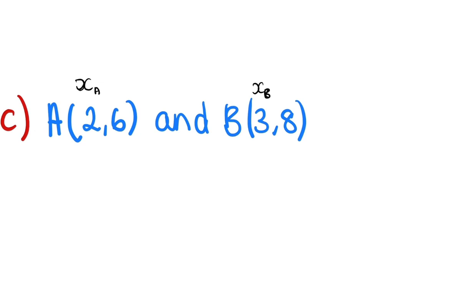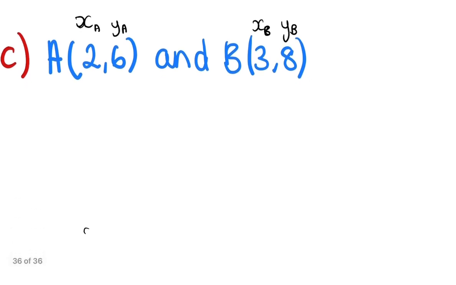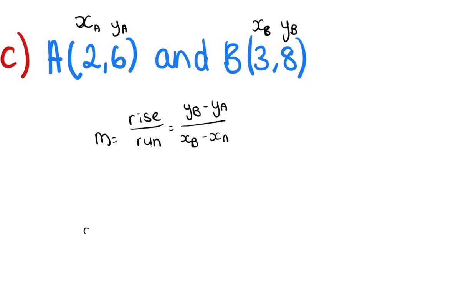That might work better for you. And then we've got YA and YB. Okay, and the general thing is we have M equals your rise over your run, which with just the coordinates is YB take away YA, and then XB take away XA.